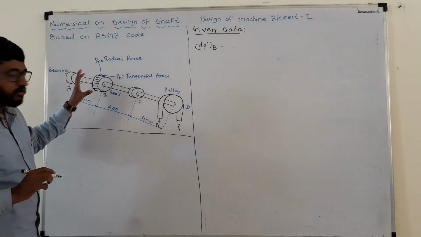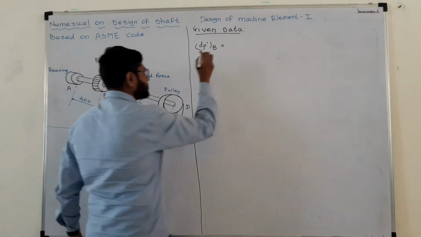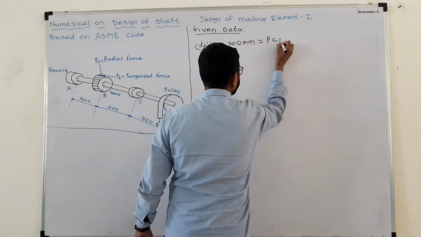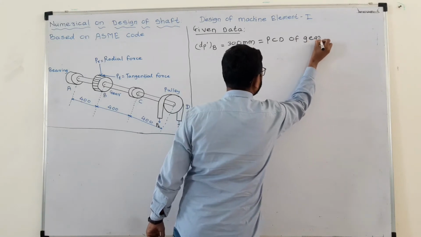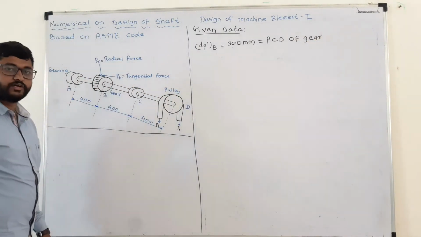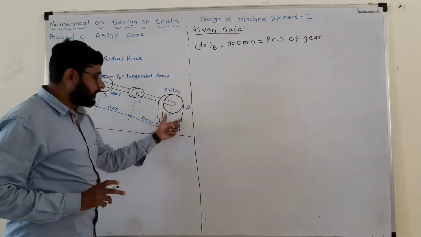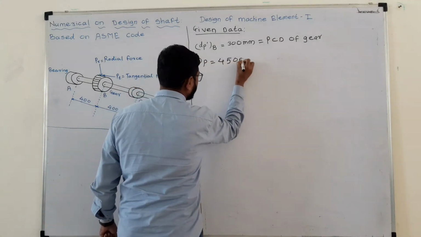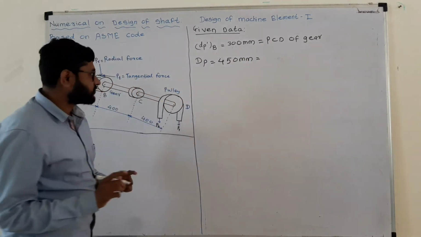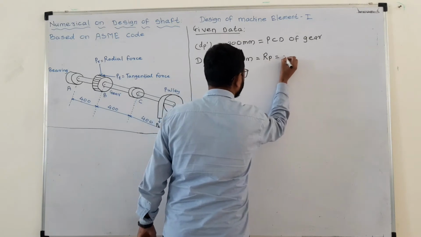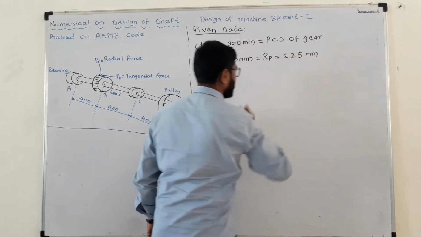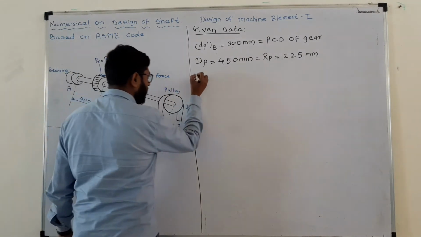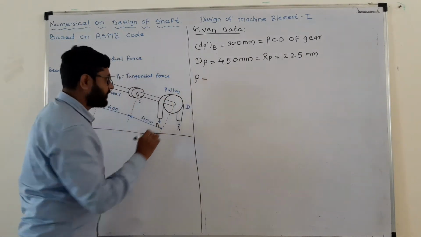The pitch circle diameter of the gear is 300 mm. The diameter of the pulley is 450 mm, which means the radius of the pulley is 225 mm.